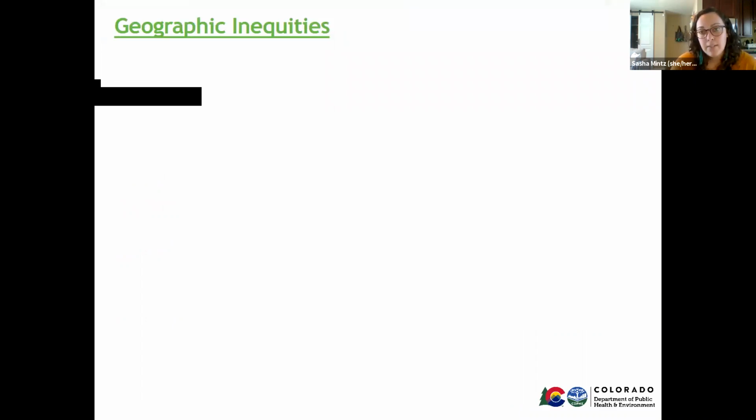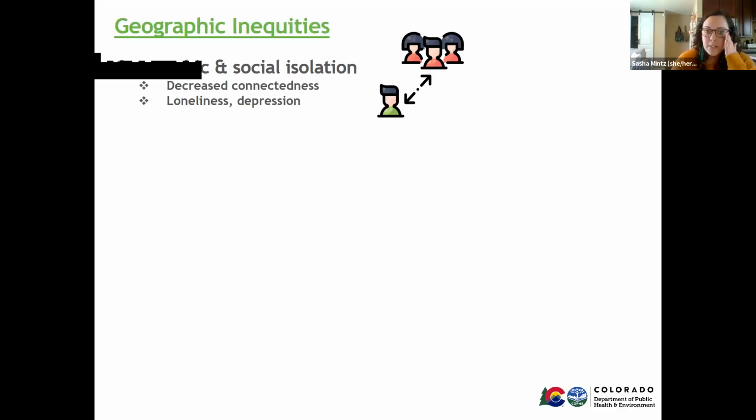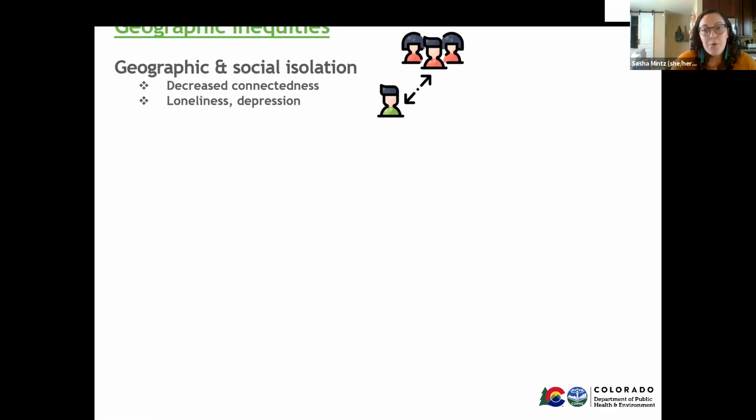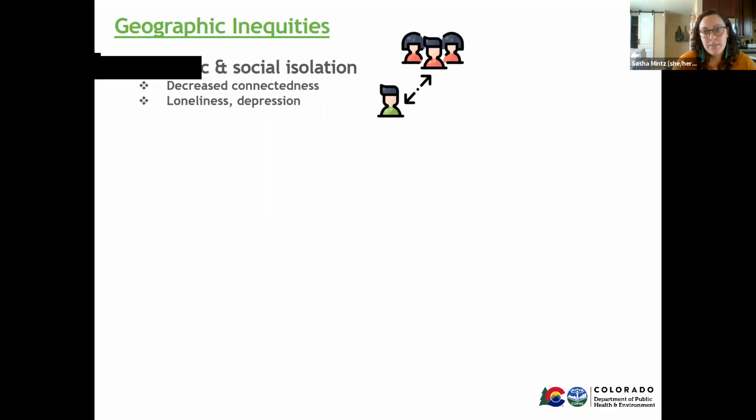But these rural and frontier communities experience several inequities that contribute to child deaths and other health outcomes. One such inequity is the geographic and social isolation experienced by rural communities. Rural counties usually encompass large geographic areas, which results in broad expanses of land with small population sizes.